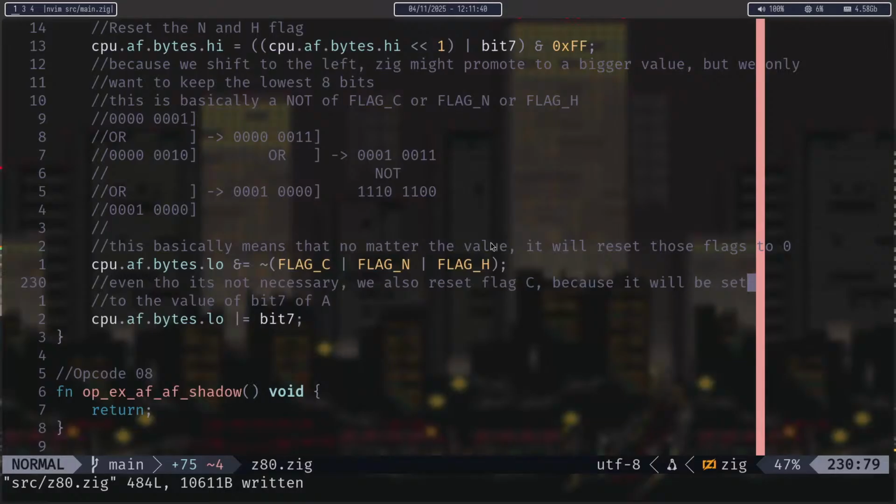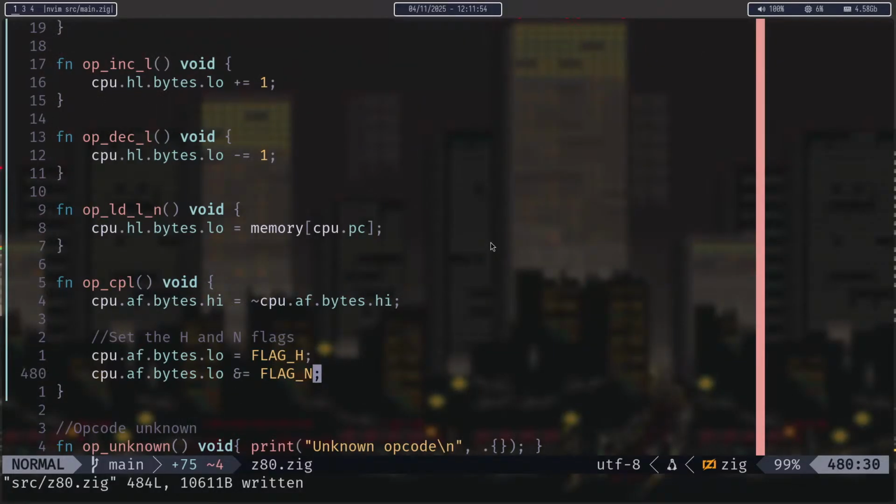If I want to set it, then this is going to reset, not set. Right. So I should probably do something like this, maybe, and this, maybe.